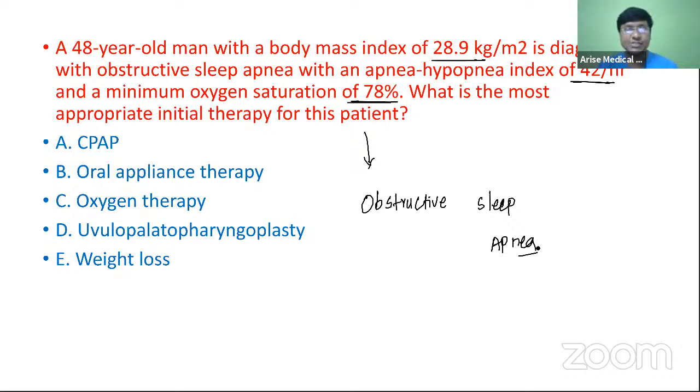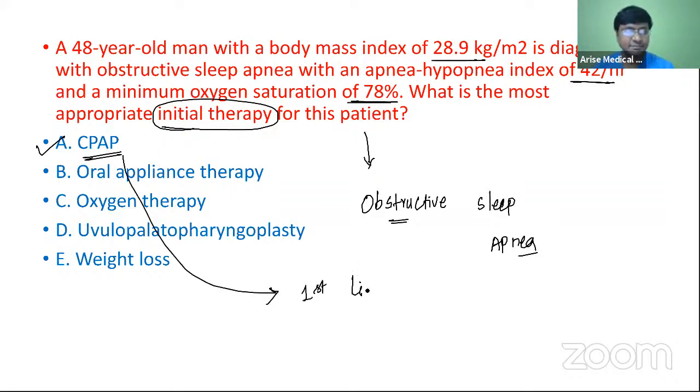For obstructive sleep apnea, what is the most appropriate initial therapy? That is your CPAP, the treatment of choice or first line therapy. Continuous positive airway pressure ventilation.